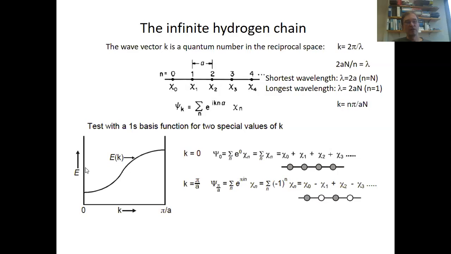Okay, we have seen that the energy of the crystal orbitals increases as we go from 0 to pi over a in an S-shaped fashion. So initially the slope is small, then the slope increases, and the slope again becomes smaller. So halfway through this band diagram, the slope is the largest.